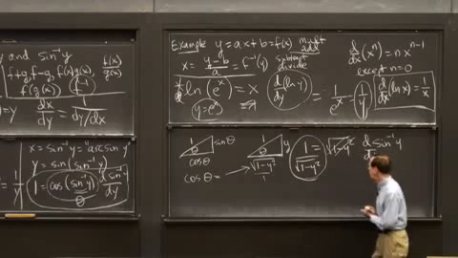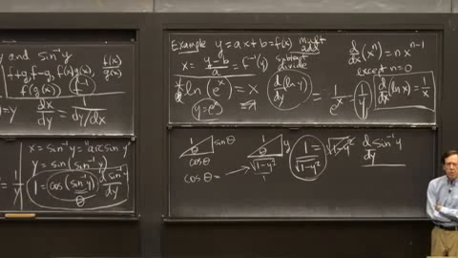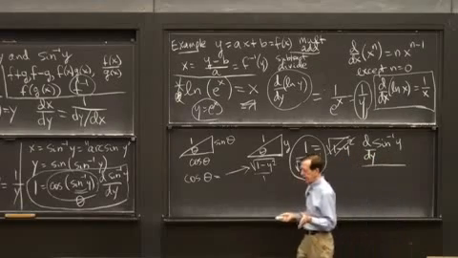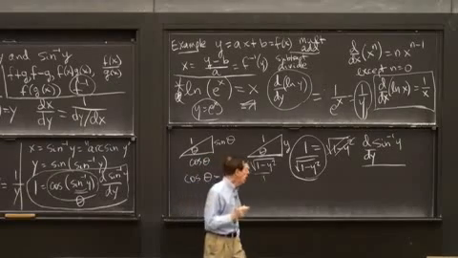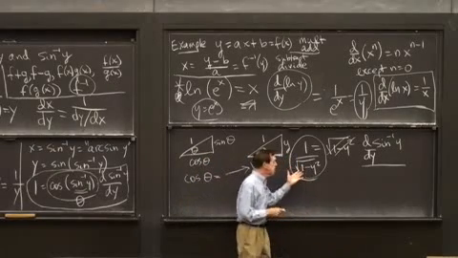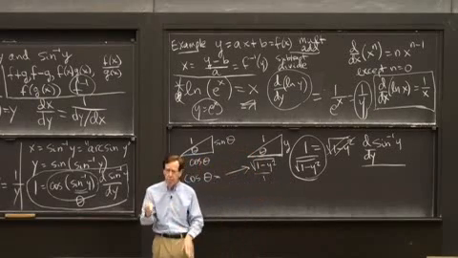There's the derivative of the arcsine function: 1 over the square root of 1 minus y squared. Okay, it's not as beautiful as 1 over y, but it shows up in a lot of problems.